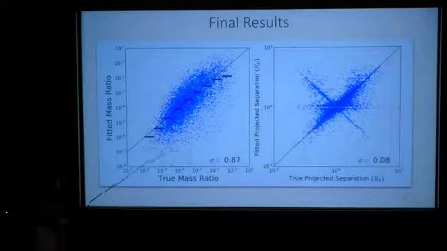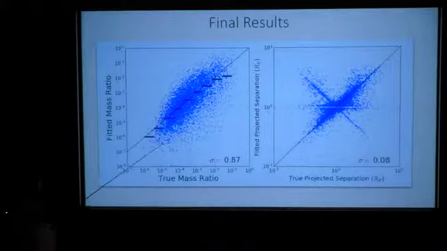On the left-hand side, you can see the same plot for the mass ratios. It's not as good as the projected separation, but we can estimate the mass ratio within 1 order of magnitude for most of the cases.